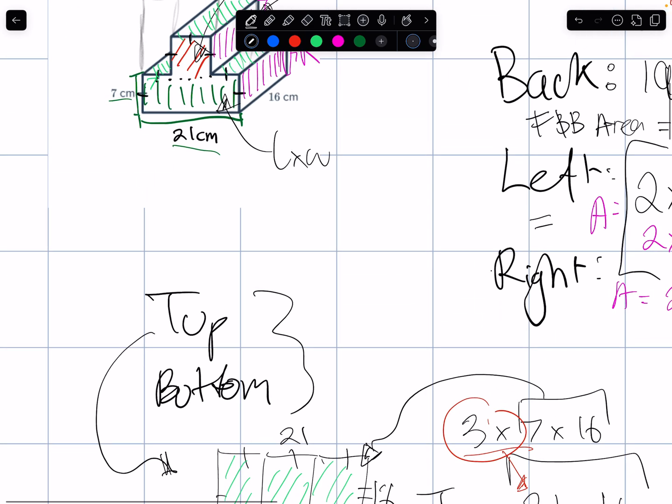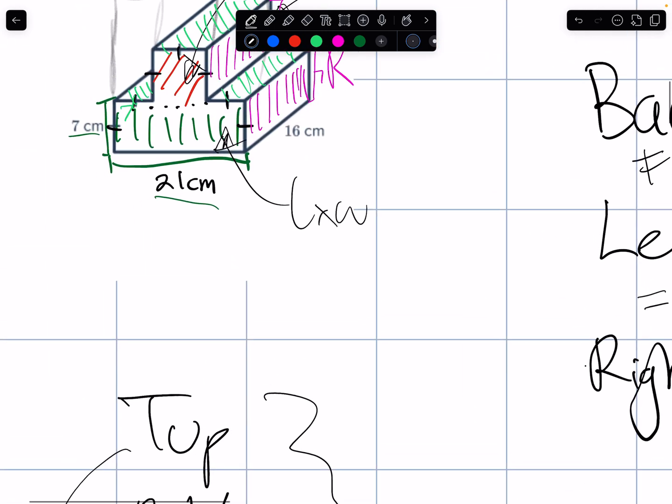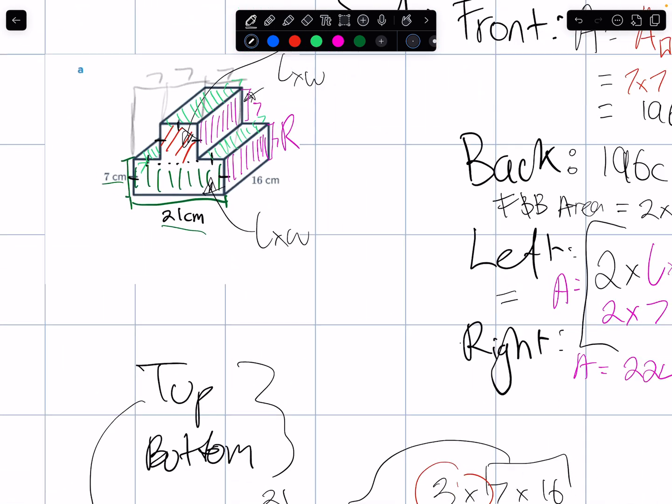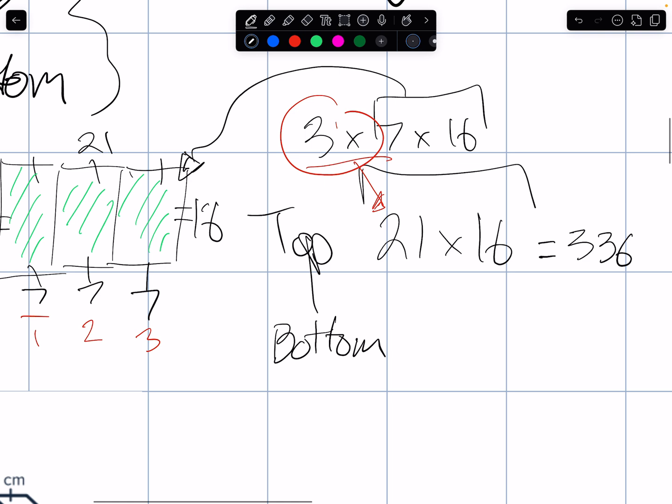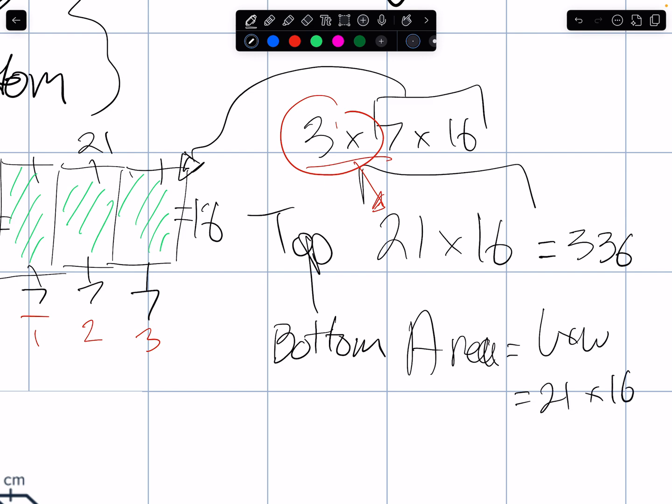Now, for our bottom, we'll have a look at the shape again. Our bottom is length by width, which is 21 by 16. Area equals length by width, which is also 21 by 16, which is, again, 336.